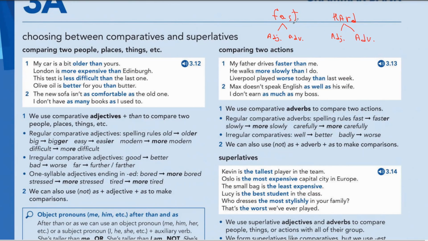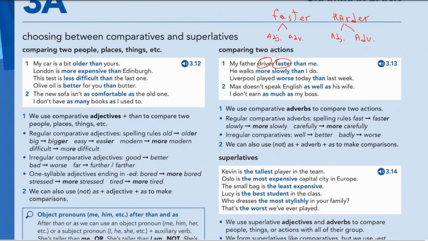And they are one syllable. Because they are one syllable, if I want to make a comparative, I'm going to put er. And if I want to make a superlative, I'm going to put est. Because we're discussing comparatives, we're going to put er here. So how do I know here faster is an adverb? Because it's coming after the action. So here it is an adverb.